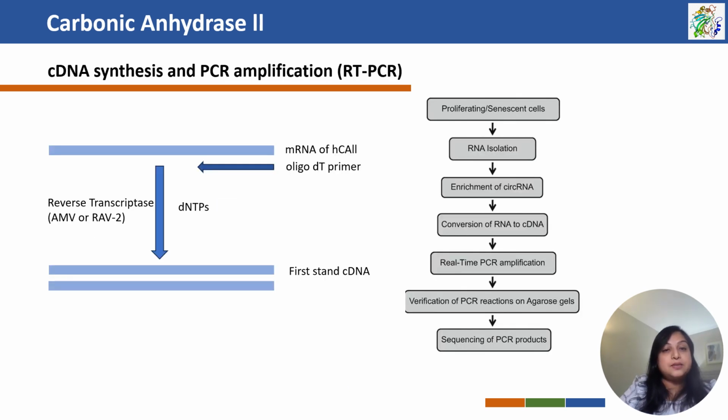My next step was to perform PCR amplification. Usually, conventional PCR amplification is performed in two separate steps. First, I performed reverse transcription of messenger RNA to get complementary DNA through the enzymatic activity of a reverse transcriptase in the presence of four types of dNTP and oligo-dT primer.